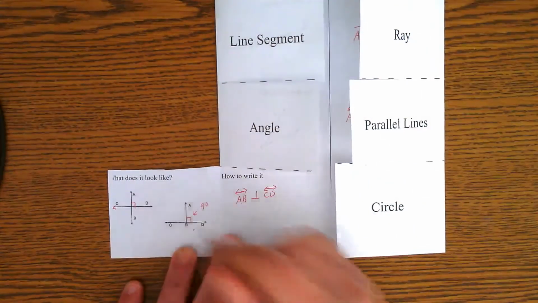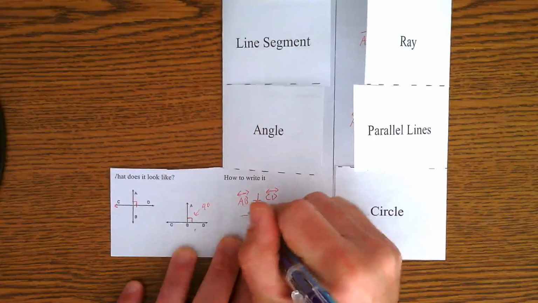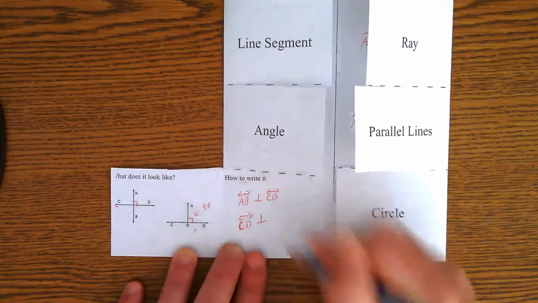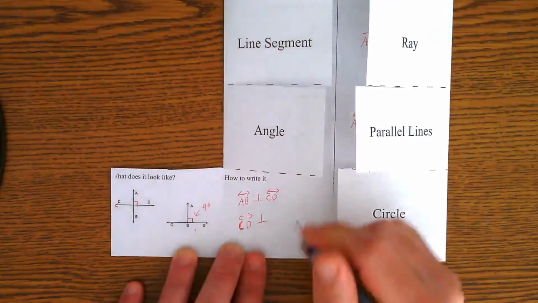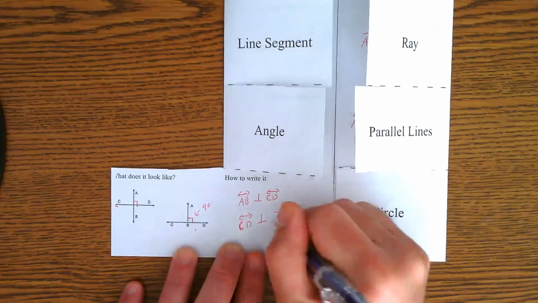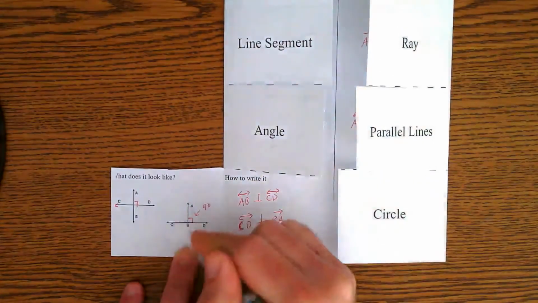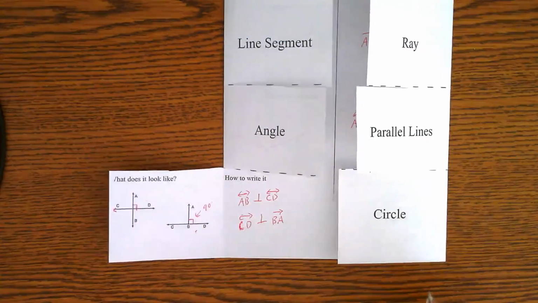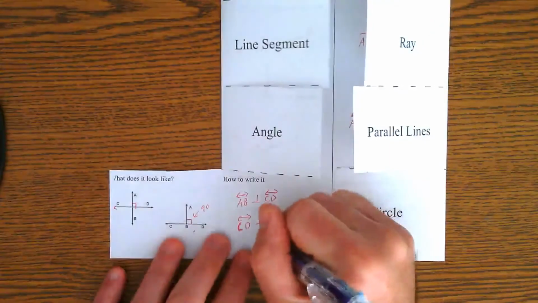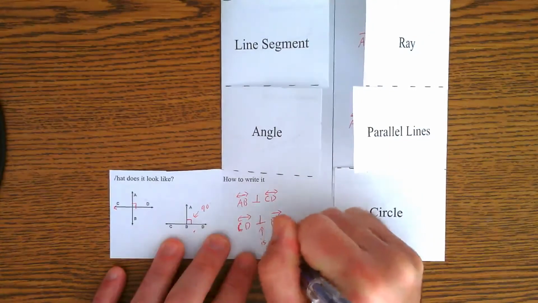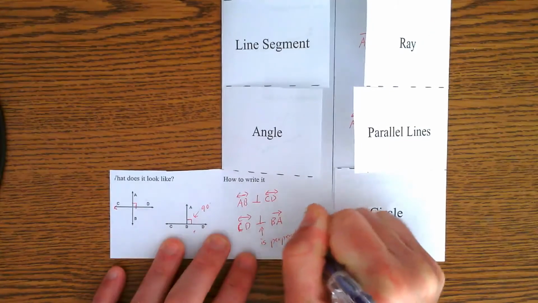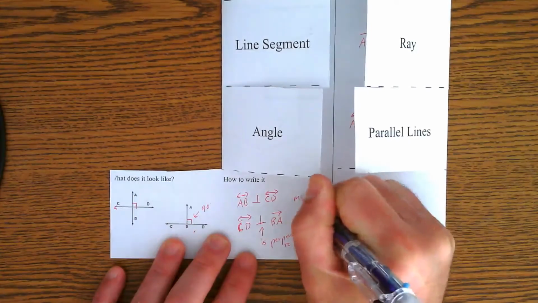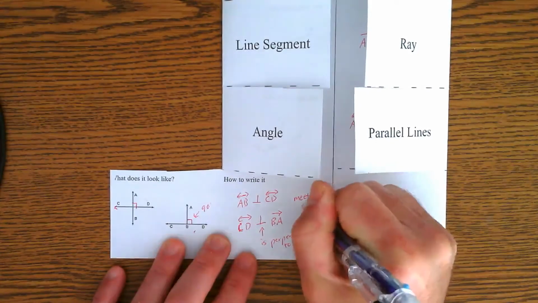For this one right here, I'm going to start with line CD is perpendicular to, and this is technically a ray, so I'm going to say ray BA. B is the beginning. If there's a point here, A is out here someplace. But this upside down T means is perpendicular to. And they meet at right angles.